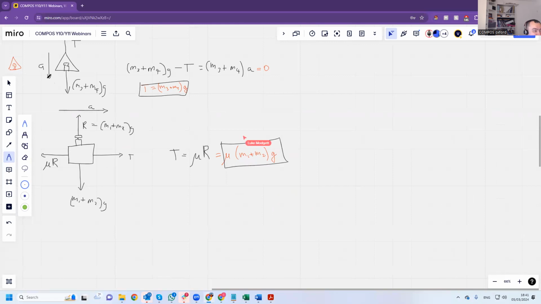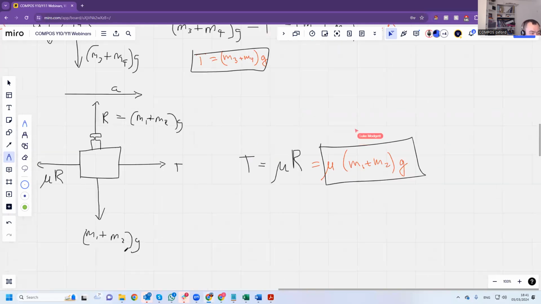Exactly. So you have 4 forces acting on the block on the table. There's the gravitational force, there's the tension, there's the reaction force, and there's the friction. Because it is moving, we know that friction is mu R. So tension has to equal mu R because it's moving with a constant speed. That means tension is mu R, and R is equal to M1 plus M2 g.